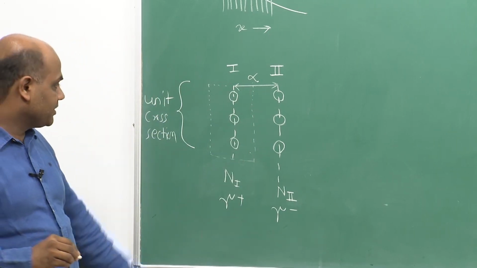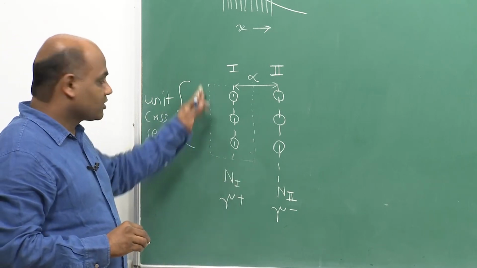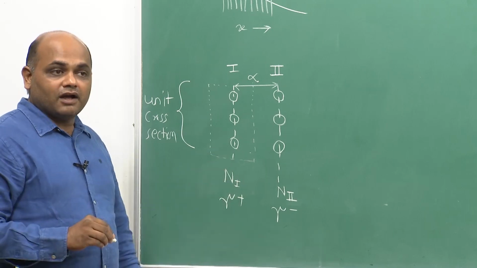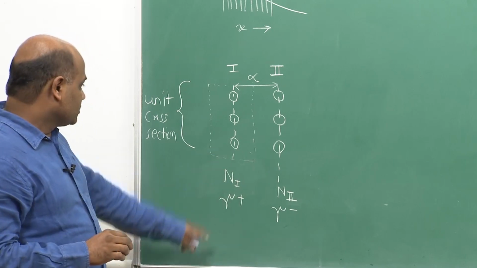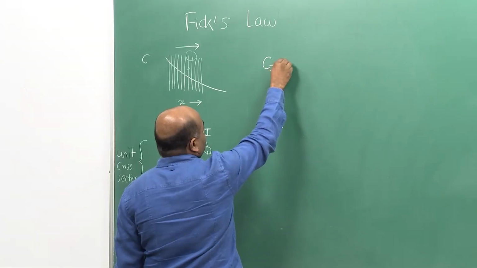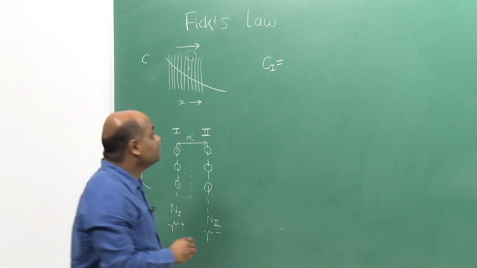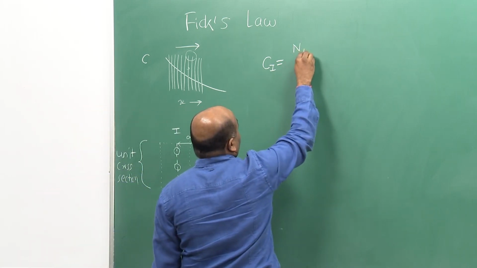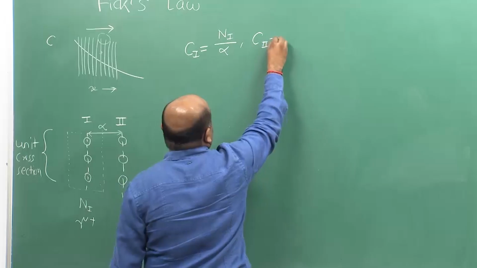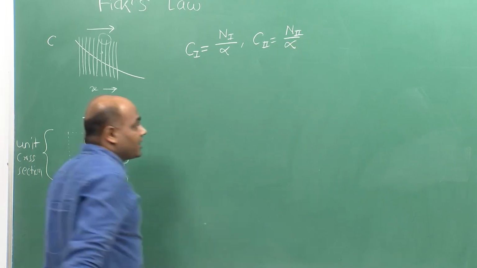The volume of element around each atomic plane will be alpha times cross sectional area, but we have a unit cross sectional area. So, the volume will be alpha, right. So, if I determine the concentrations, C1 would be number of atoms per volume, so will be n1 by alpha, and C2 would be n2 by alpha.